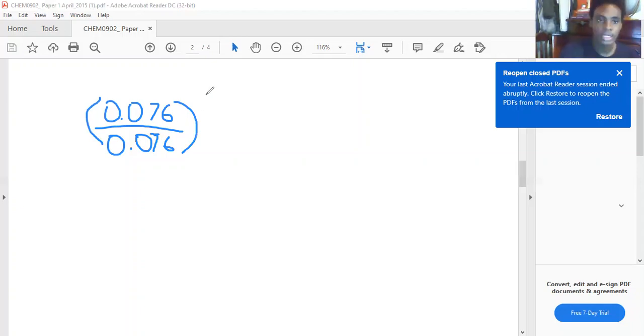But you know that that's a 0.076, and this is the order of reaction here, multiplied by... oh, and I'm going to use the experiment that has the largest value for iodine on top. As I said, you would need the larger value for iodine on top and the smaller value for iodine on the bottom. Wherever the larger value is, you need to put all of that experiment on top, right? So that's it.